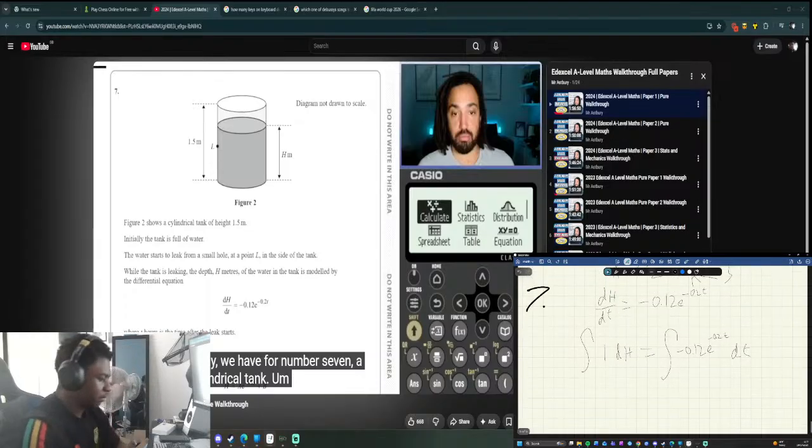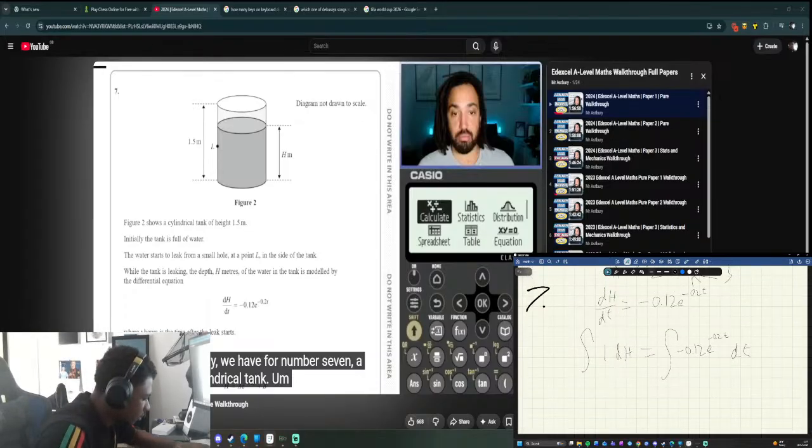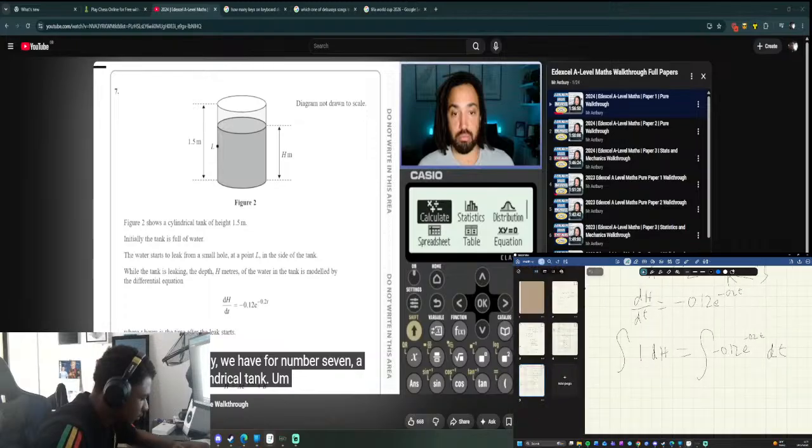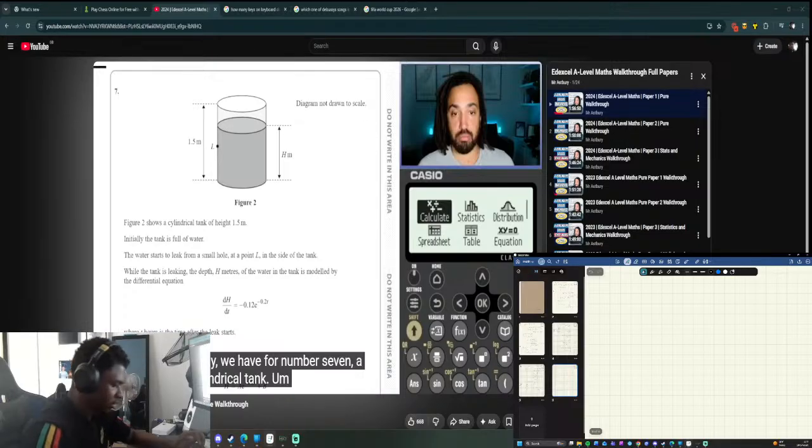Oh, I need more paper. How do I make more paper? I need more. Back page. Current template. Yeah. I need a lot more pages.